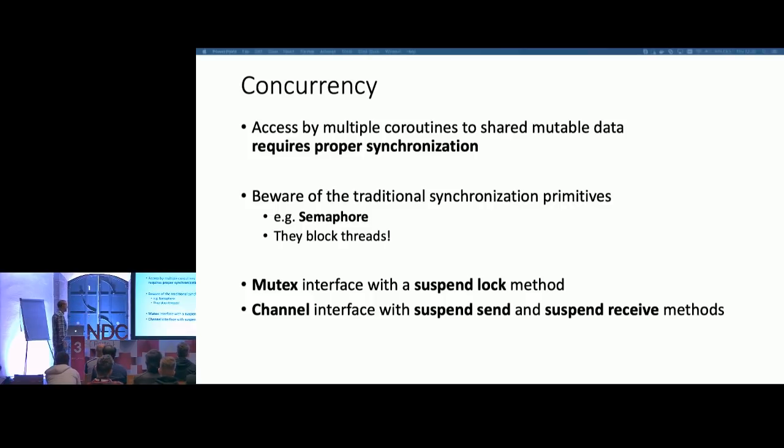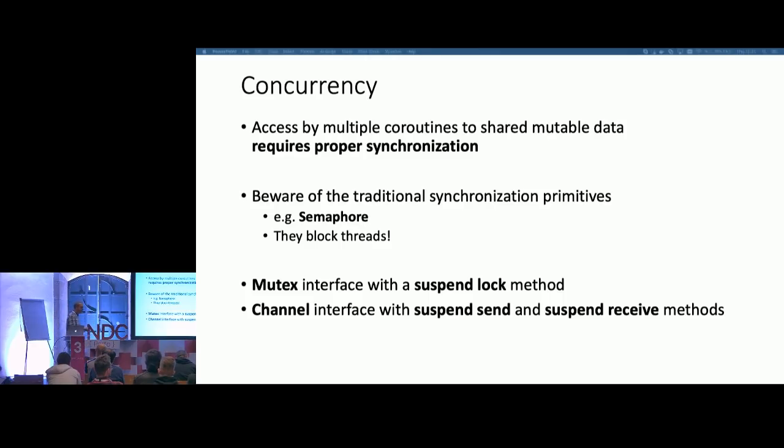One thing that is true is that we need proper synchronization. Beware that if I try to use the traditional synchronization mechanisms that I have on our platforms, I may run into issues because most of the traditional synchronization primitives are blocking. So if I try to use a semaphore, it will block.